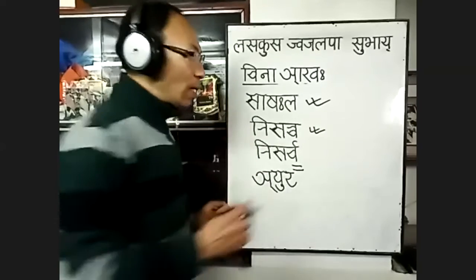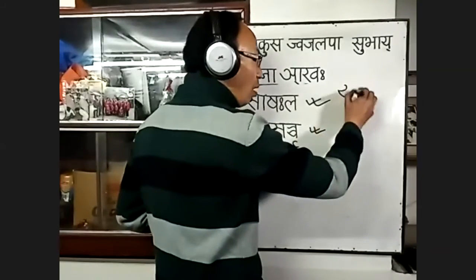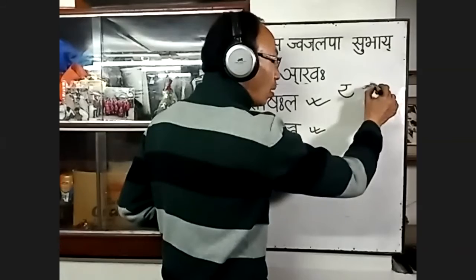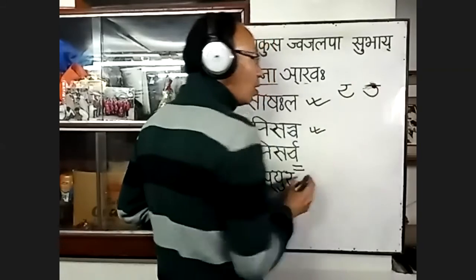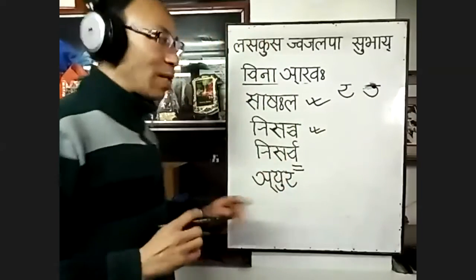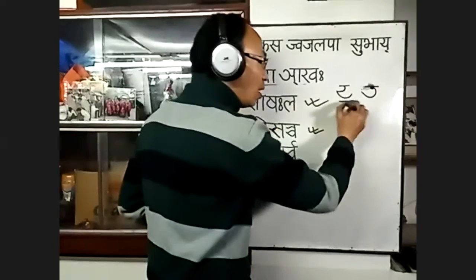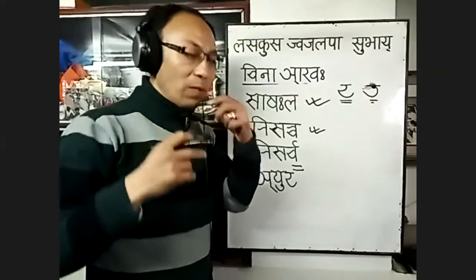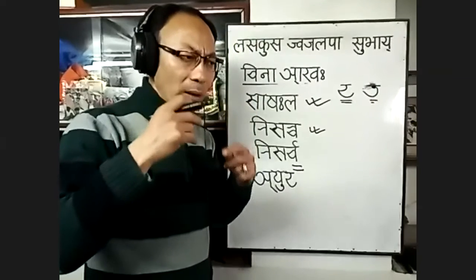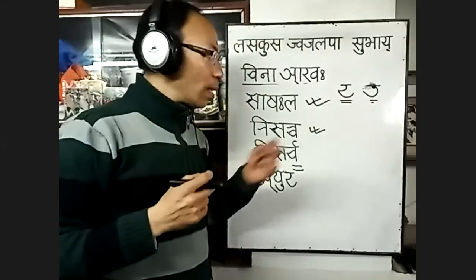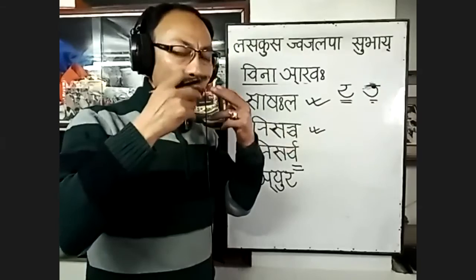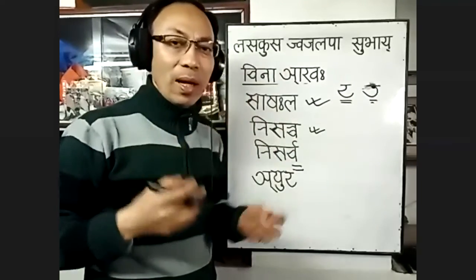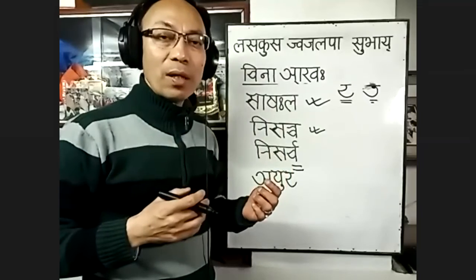So that's why Nepalbhasa doesn't have this ta and this da. What some linguists say is that instead of writing this ta and da, move your tongue a little, twist your tongue a little more to the top of your mouth, and then say ta, da, ta, da.